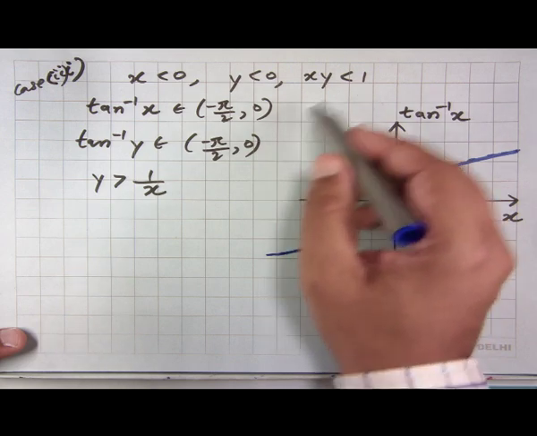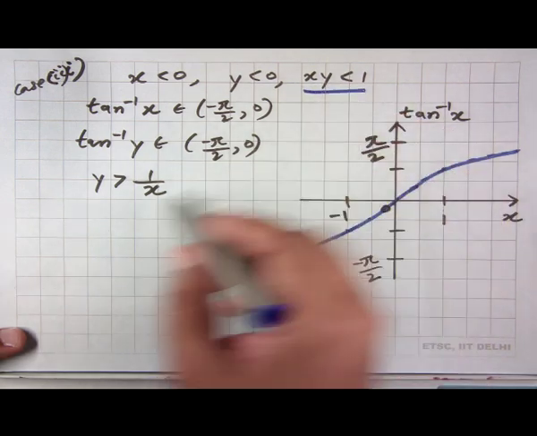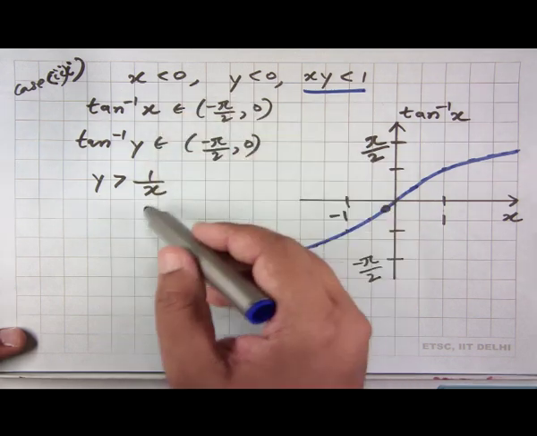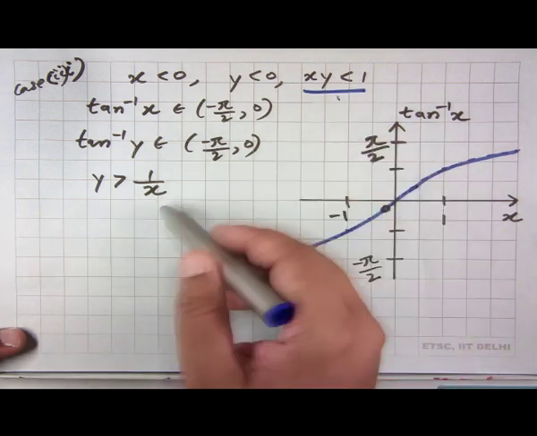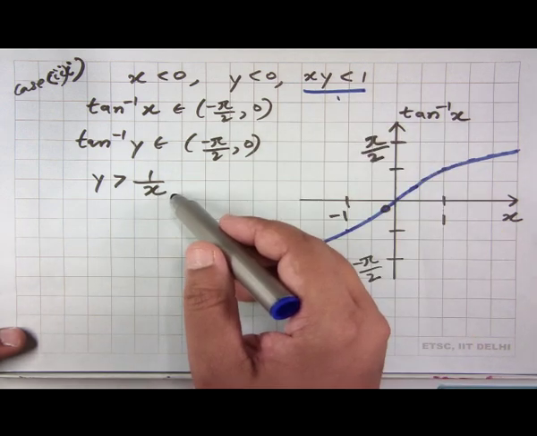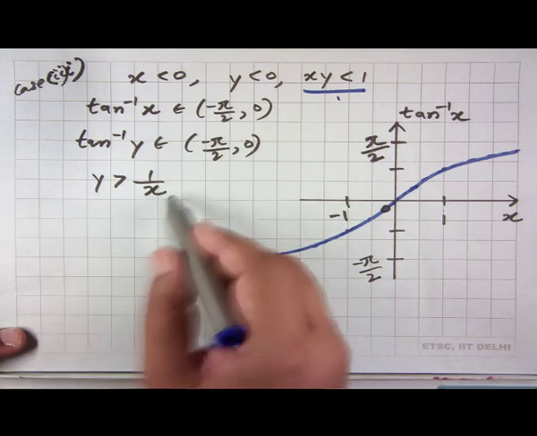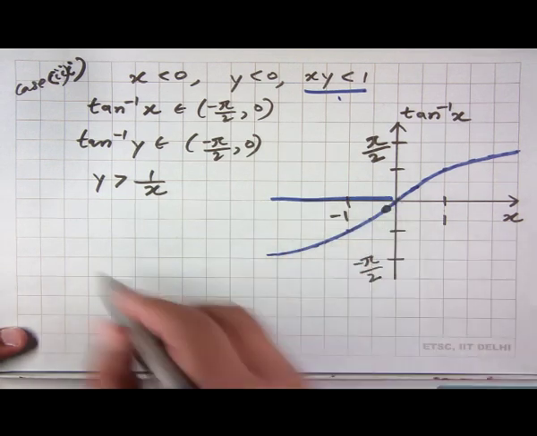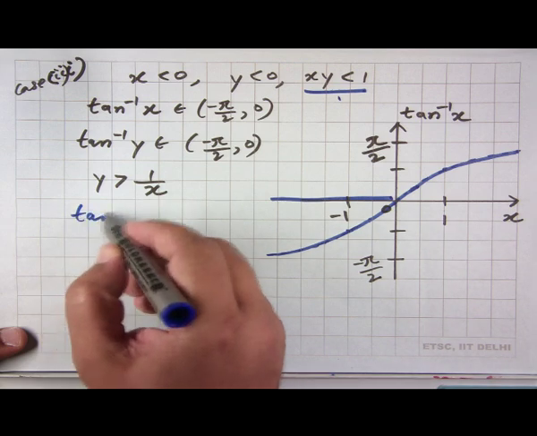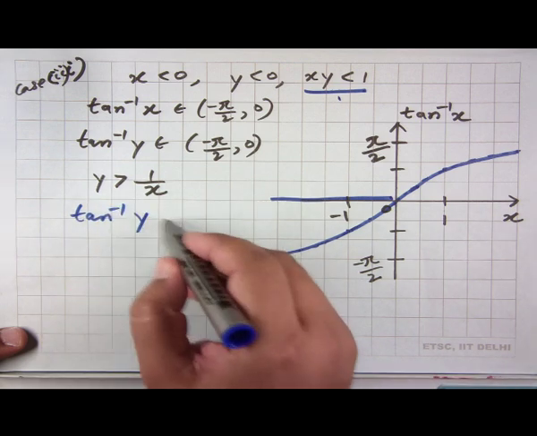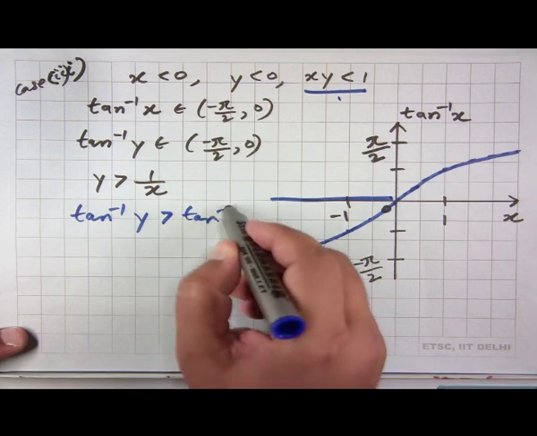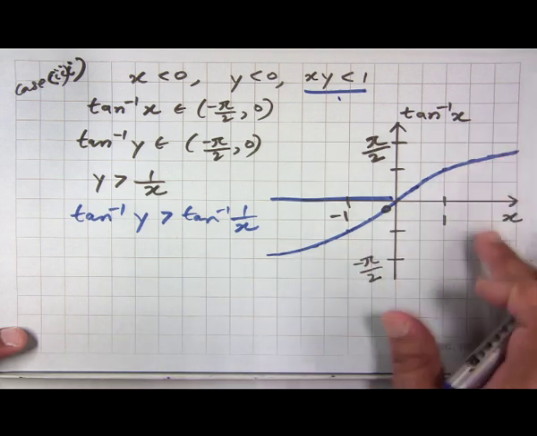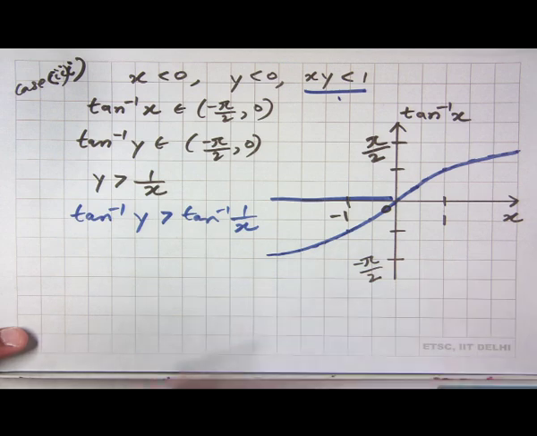And in this case, from here what will follow is y is greater than 1 over x, because both x and y are negative. Therefore, from here we get this condition. Now we are basically on the negative side of the horizontal axis. So we get tan inverse y is greater than tan inverse 1 over x, because the tan inverse function is monotonically increasing with x, as can be seen from this graph here.